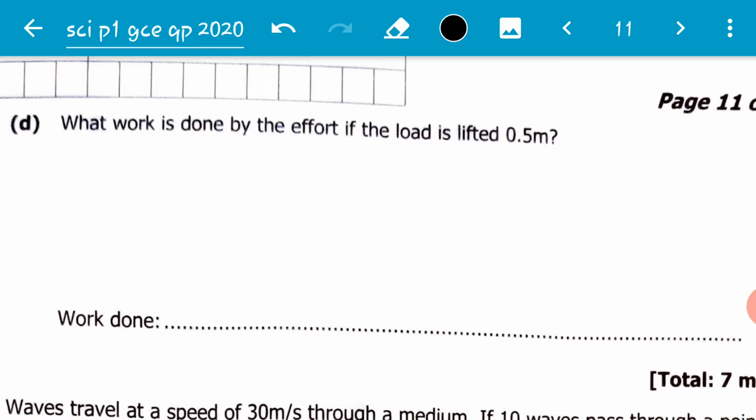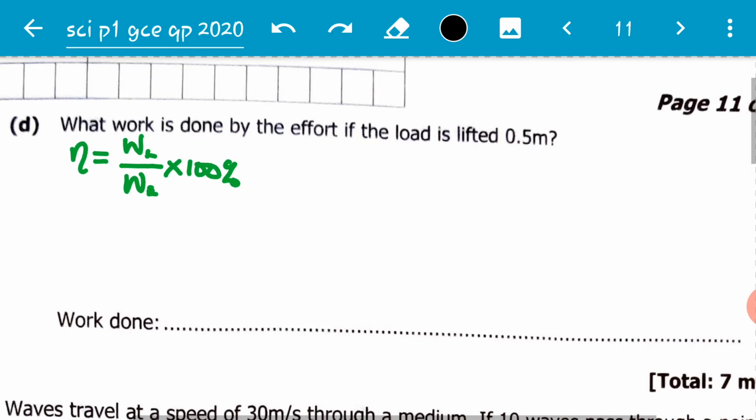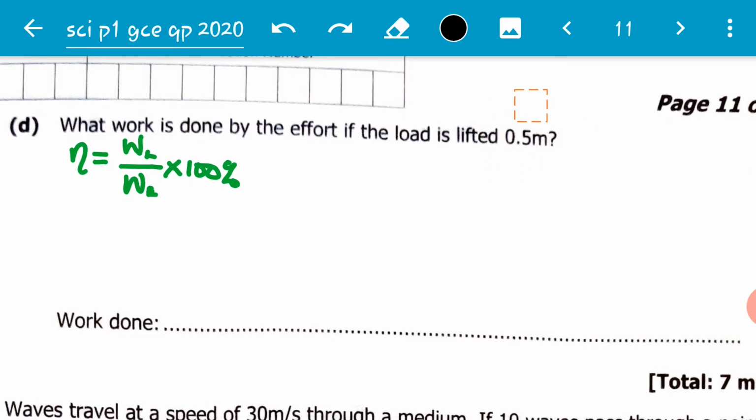So we are going to use the definition of work to solve this particular question. We have efficiency is equal to work done by the load divided by work done by the effort times 100%. Now, how do we calculate the work done by the load? Remember, we've been given the value of the load, and we've also been given the distance with which it was lifted.